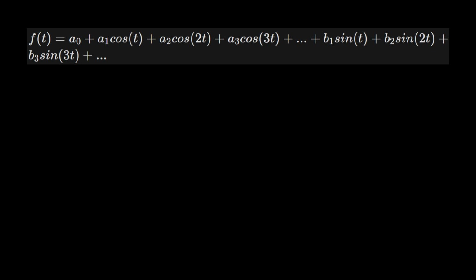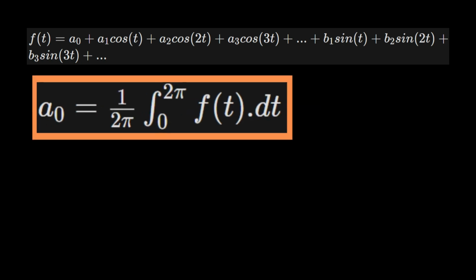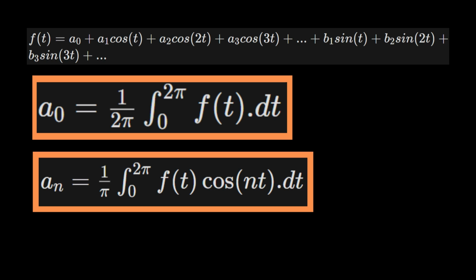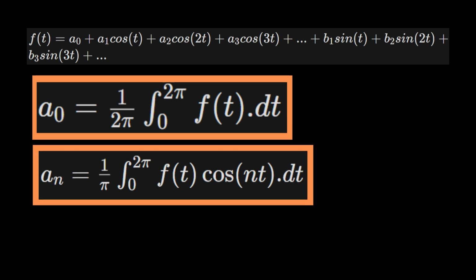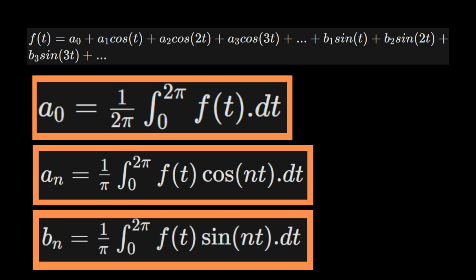So here's the formula. a0 is equal to 1 by 2 pi integration of f of t dt from 0 to 2 pi, where one wavelength is assumed to be 2 pi. Similarly, an is equal to 1 by pi integration of f of t cos nt dt from 0 to 2 pi, and bn is equal to 1 by pi integration of f of t sin nt dt from 0 to 2 pi.